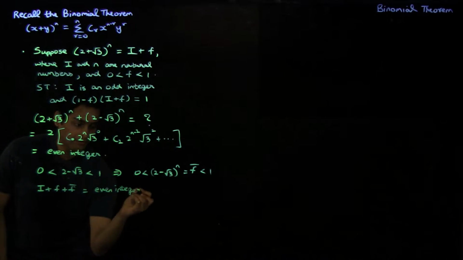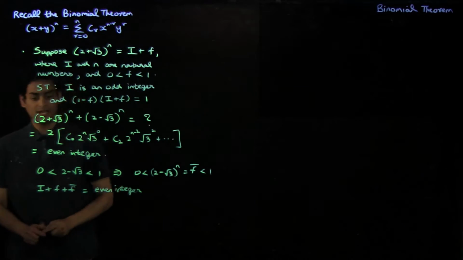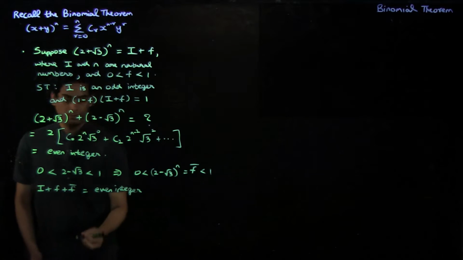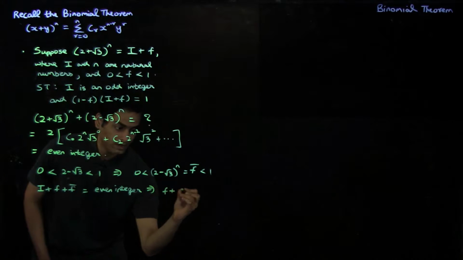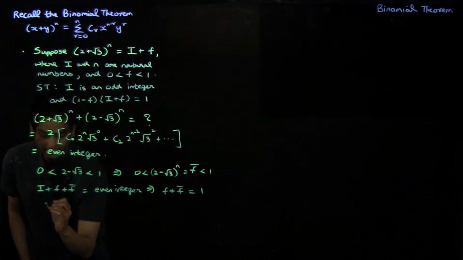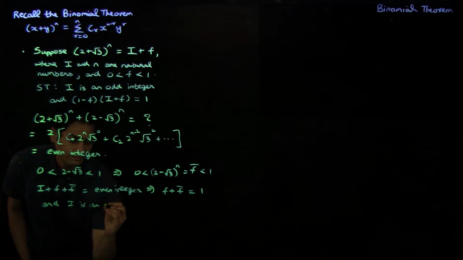This is what we've derived from this expansion. So since f and f bar are both strictly greater than 0, and I is an integer, this implies that f + f bar should be equal to 1 and I is an odd integer.